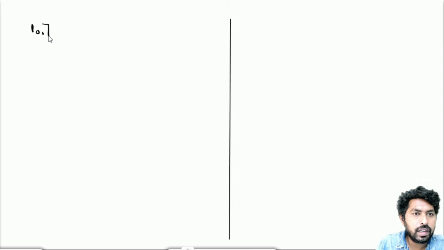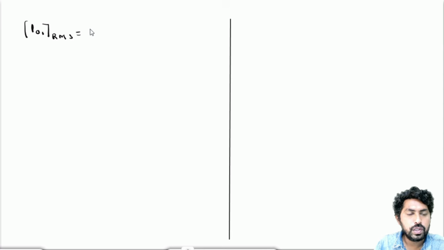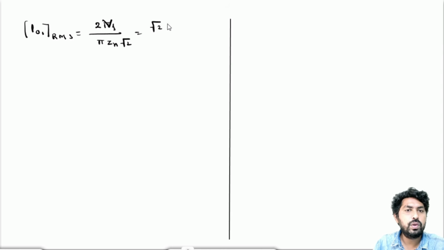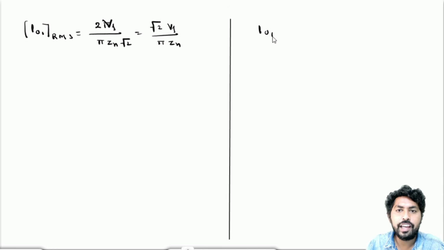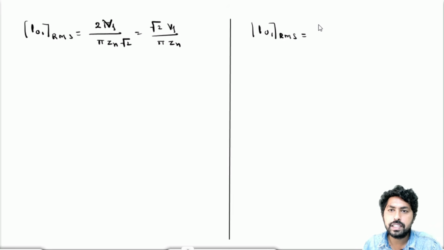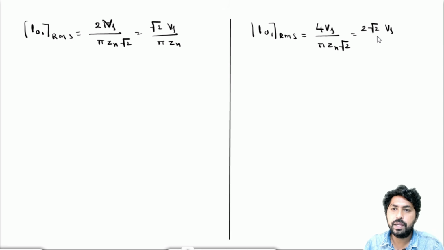So I01 RMS is the RMS value of the fundamental load current, which is equal to 4Vs by π into Z1 into root 2, which is equal to 2 root 2 Vs by π into Z1.